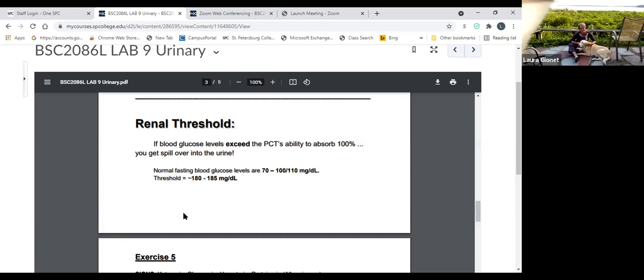The rate of filtration determines how fast the fluid is passing through there, but even at a normal glomerular filtration rate, you have a limit as to how much it can absorb. And that's what we refer to as the threshold. It's generally 180 to 185 milligrams per deciliter. So when glucose levels in blood exceed that, you start to have spillover of glucose into urine, because it's only at the PCT that we are capable of reabsorbing glucose and amino acids.